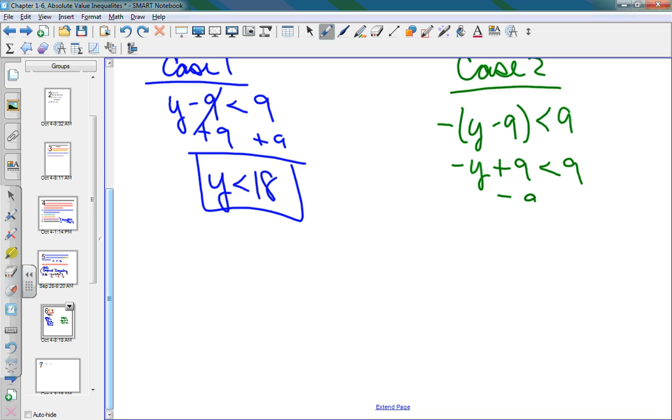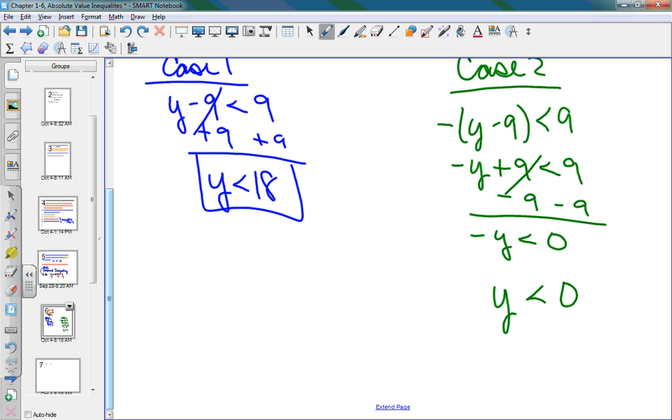Subtract the 9. Negative y is less than 0. And now what do I do? Why do I have to divide if it's 0, though? Okay, but 0 divided by anything is 0, so can I just ignore it? So I can just ignore it and say y is less than 0 and I'm good to go?